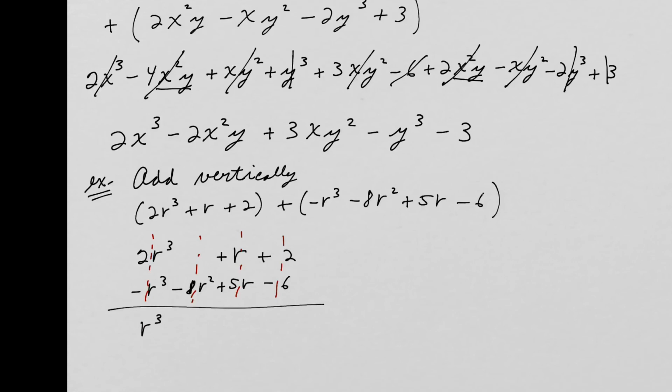So now I'm just adding down the columns, right? 0 minus 8r squared is just still negative 8r squared. Then r plus 5r is 6r. And then positive 2 minus 6 is negative 4. So it's just a different way of organizing your work. Again, whatever way you feel more comfortable with is fine.